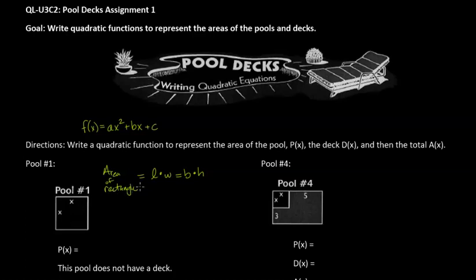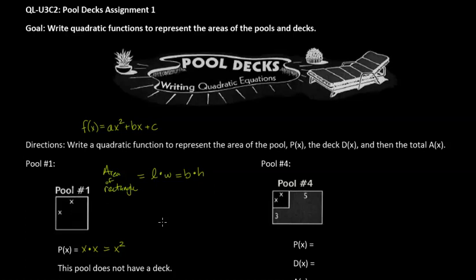And since squares are technically rectangles, this formula also works for squares as well. So in this example where we have a square pool, our pool's area is just going to be found by taking x times x and getting us x squared. And that's about as simple as this one's going to get.